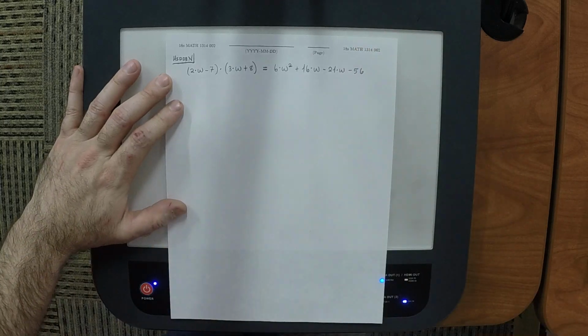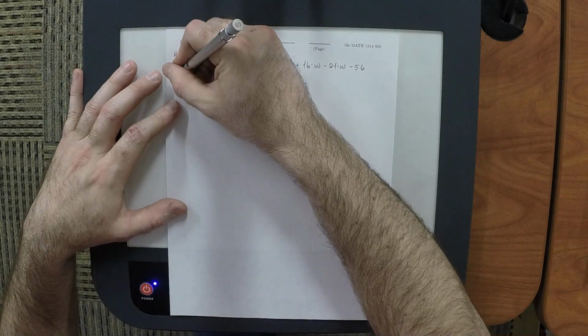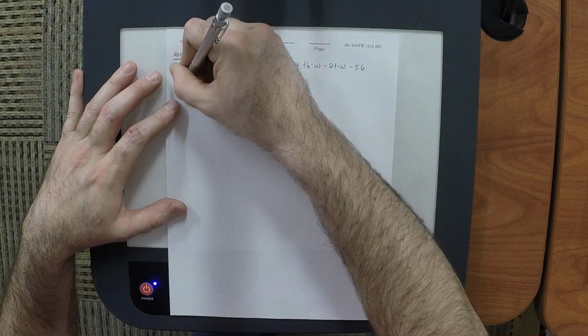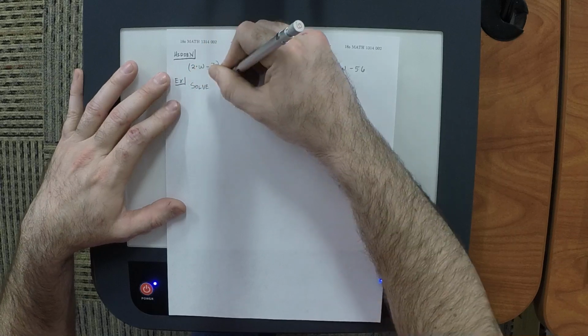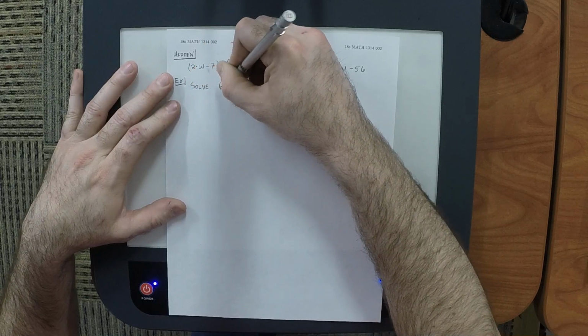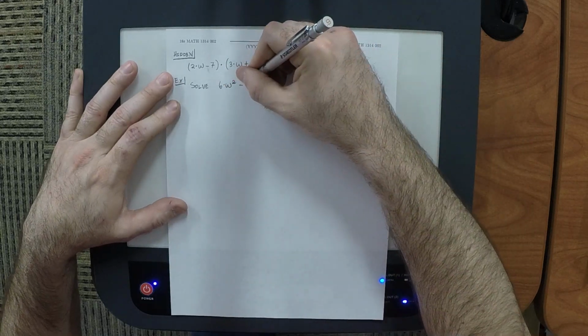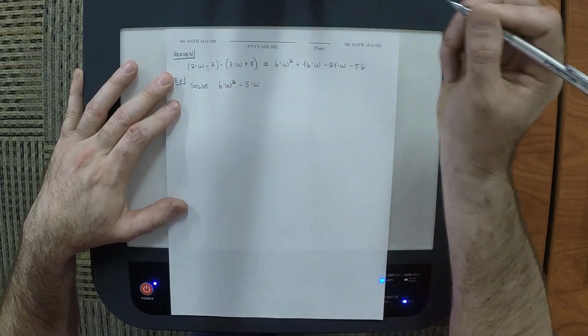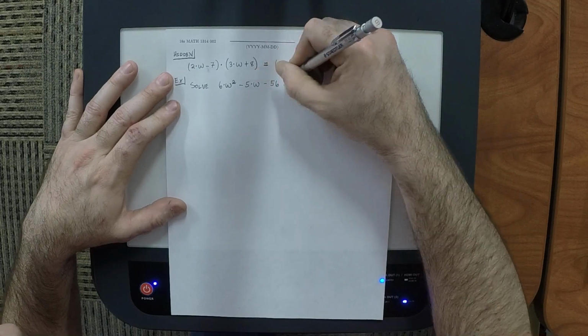So again, that's invisible. You pretend that it doesn't exist. So the exercise is, please solve 6 w squared minus 5 w minus 56 equals 0.